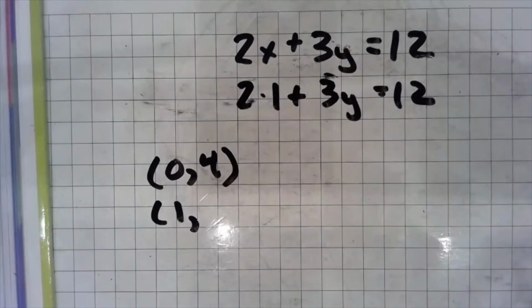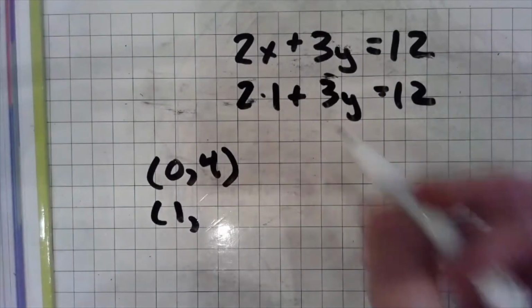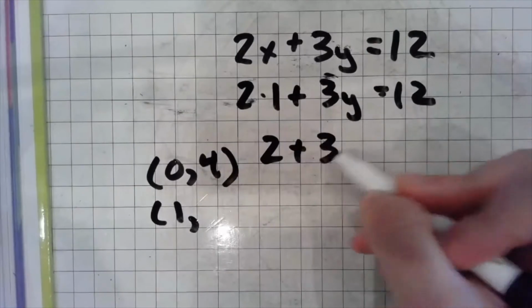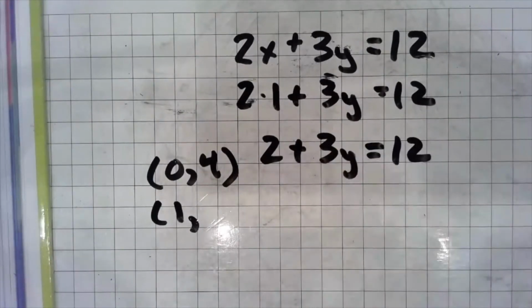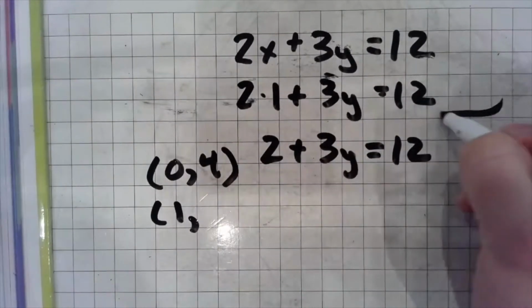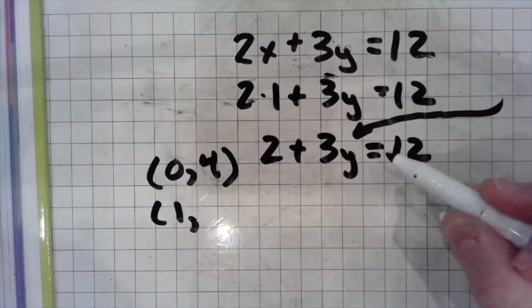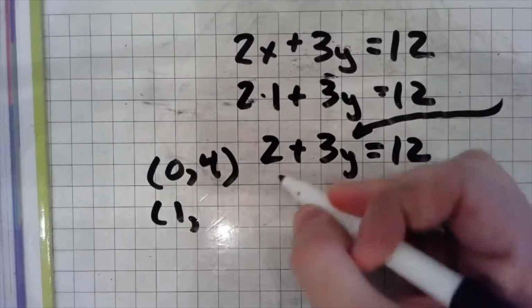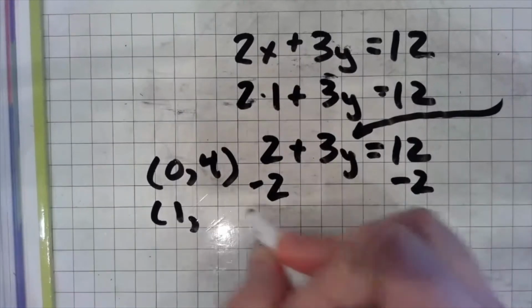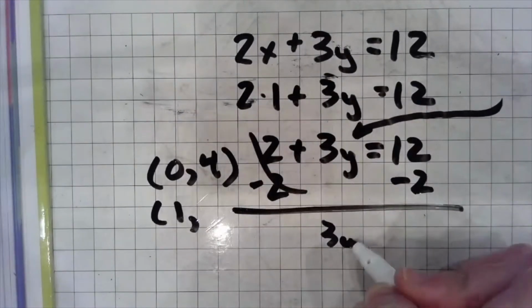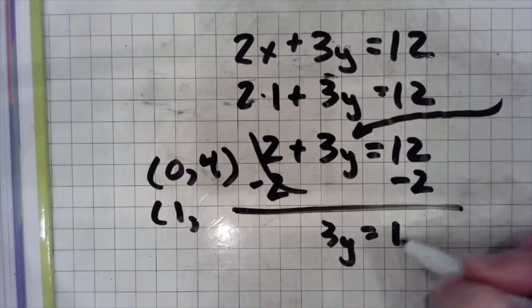Well, this time our x, of course, didn't go away, so it'll be 2 plus 3y equals 12. And again, we're looking to solve for that y, because we want to know what our y value is going to be. So, minus 2, shabam, shabam, 3y equals 12 minus 2 is 10.